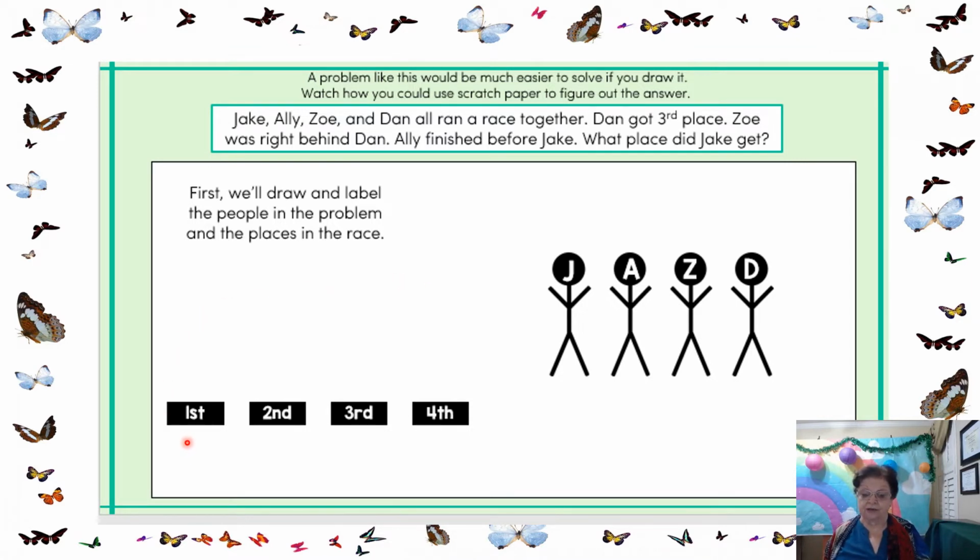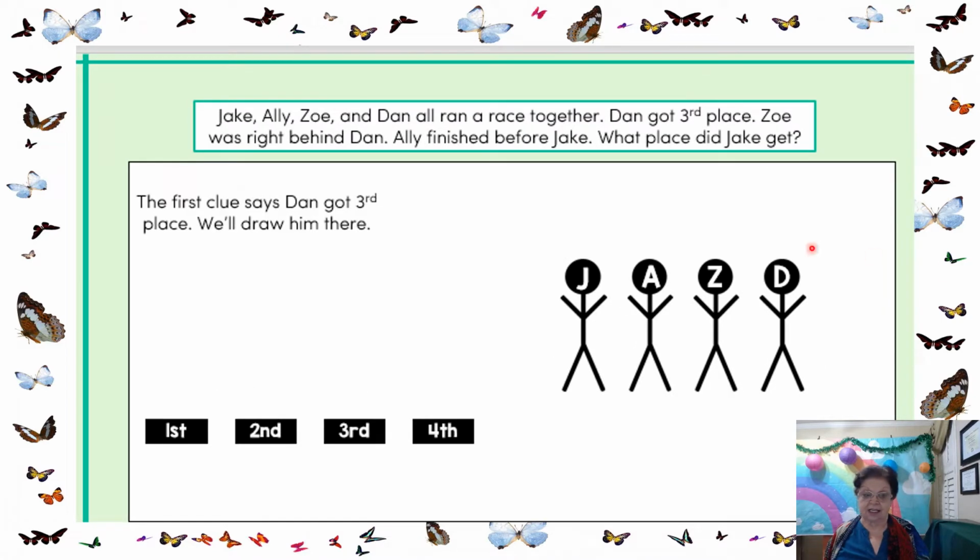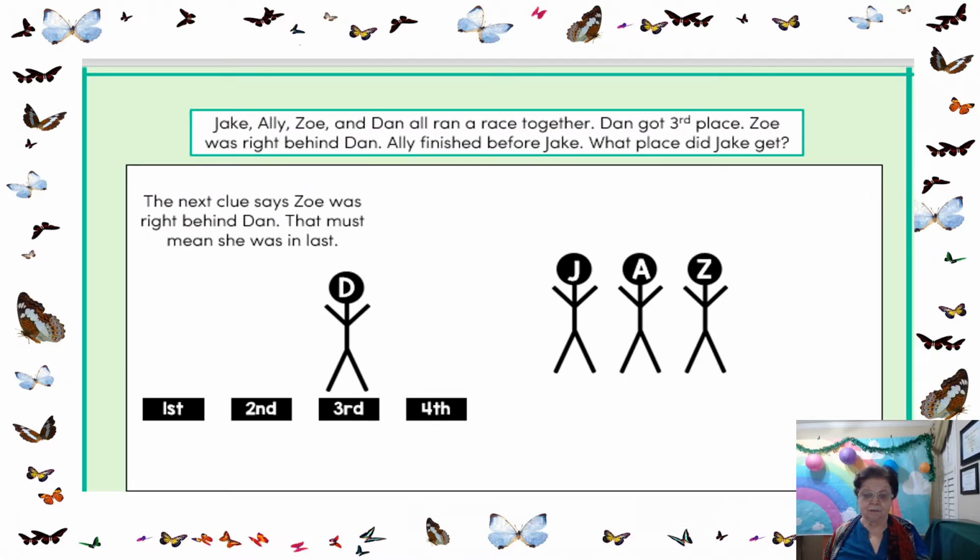You can write first, second, third, and fourth. And our first clue here says Dan got third place. Well, here's Dan. You can put a D above third place, or this person just drew a picture of a stick figure of Dan above third place.